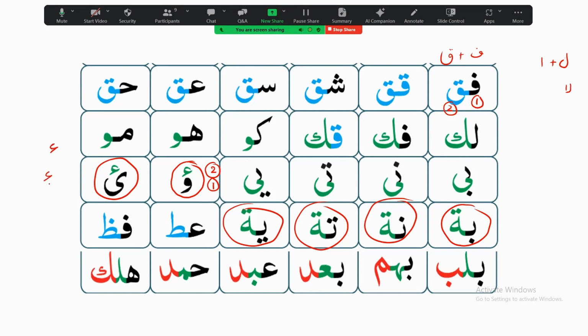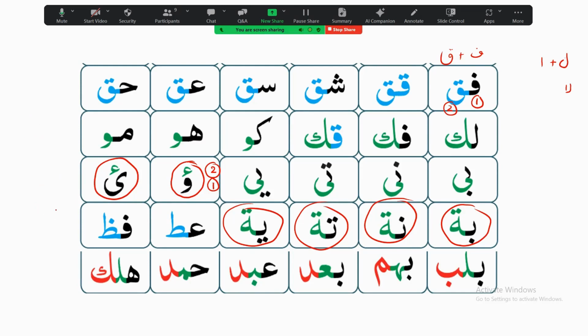Sometimes it has its seat like this here. Sometimes we write it like this, and sometimes like this as well, right? So sometimes Hamza needs a chair. You can just remember it like this. Sometimes the chair of Hamza is waw. Sometimes the chair of Hamza is the ya letter as well, right? And sometimes it is alif as well, right?